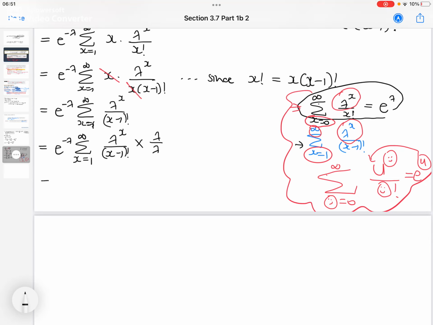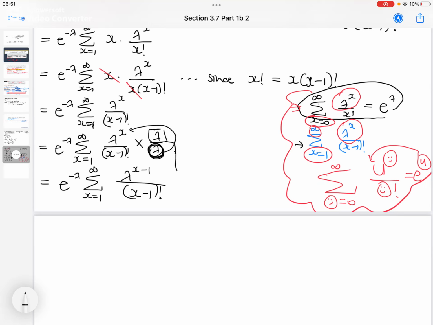Isn't that true? All right, so I can then rewrite this as e to the power minus lambda times the sum where x goes from 1 to infinity. In the numerator, I'll have lambda to the power x minus 1. So that lambda there in the denominator, I will put it up there as lambda^(x minus 1) divided by (x minus 1) factorial. And what are we left with?